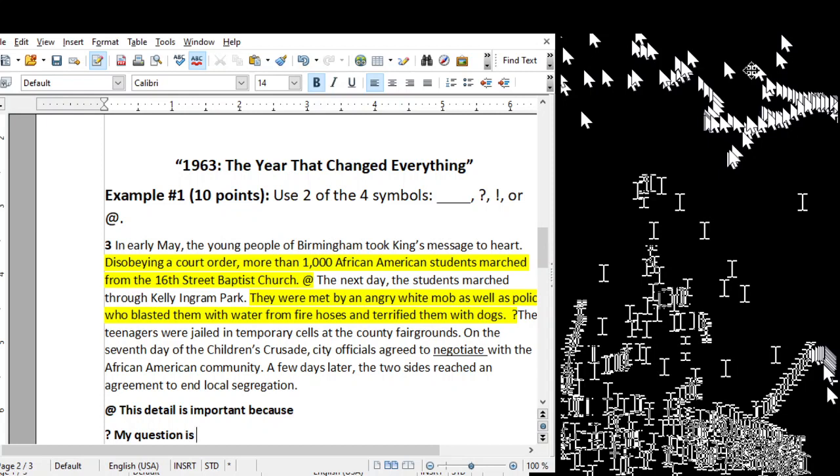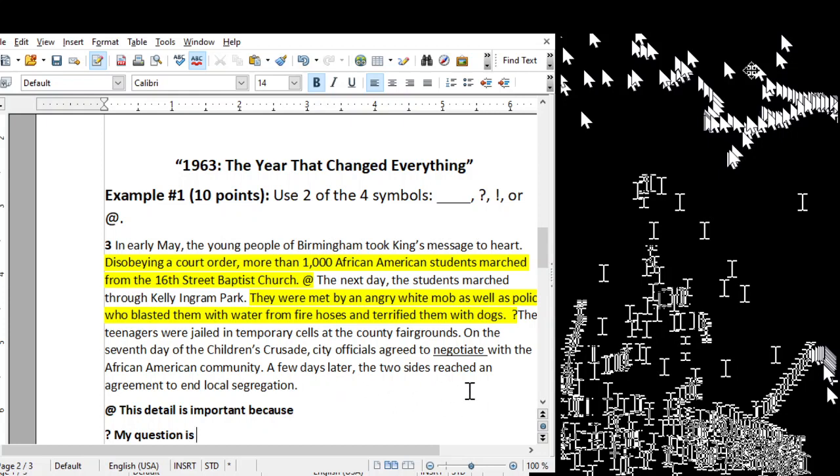So let me say that one more time. If you are using the @ symbol, the question mark, or the exclamation point, after you highlight the text, I need you to put the symbol at the end of the text. At the end of the sentence.